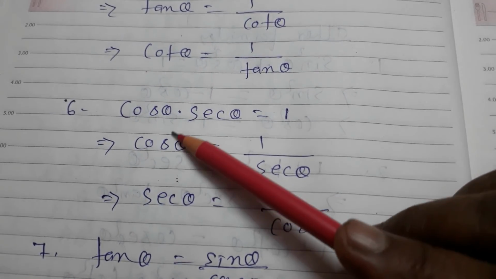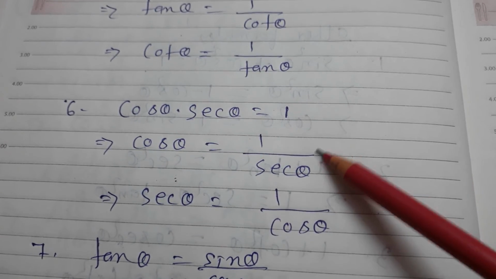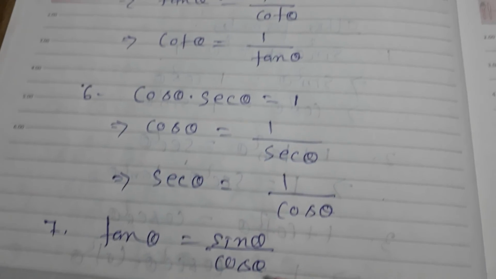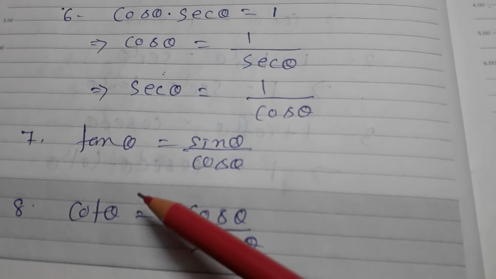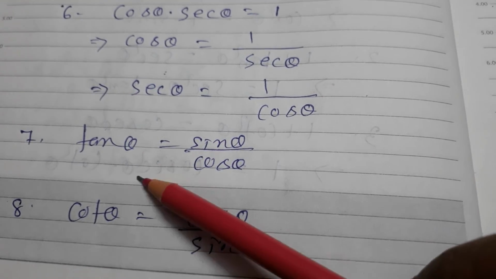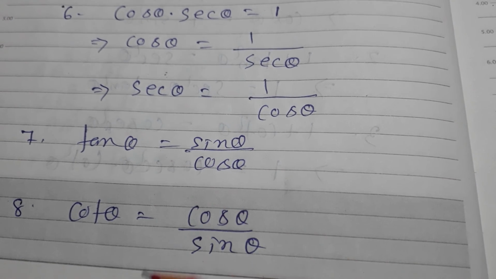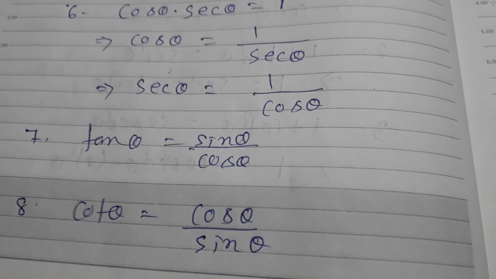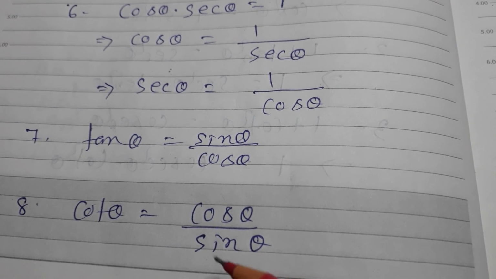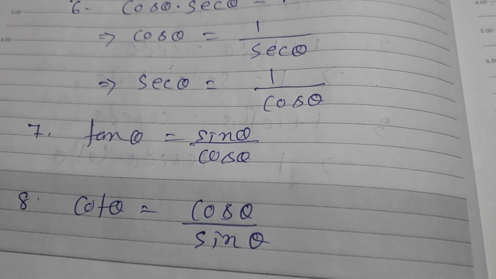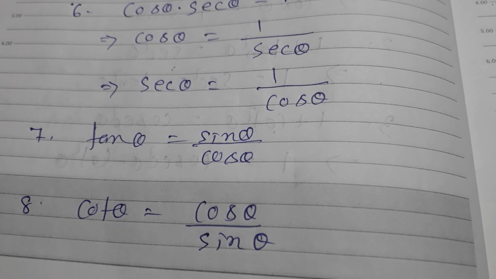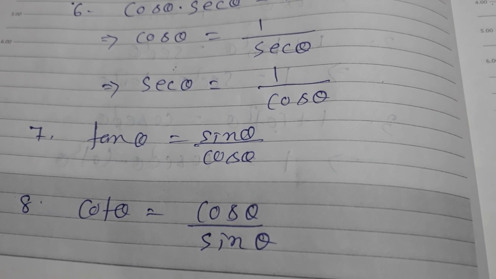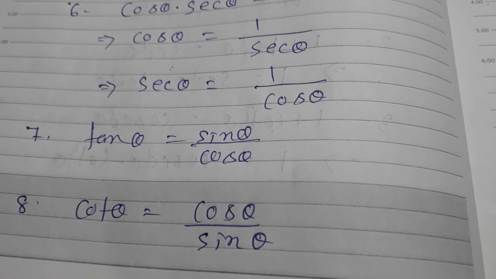Next formula, cos theta into sec theta equals 1. So cos theta equals 1 by sec theta and sec theta equals 1 by cos theta. And next, tan theta equals sin theta by cos theta and cot theta equals cos theta by sin theta. The main 8 formulas I have discussed are important for class 10. So I have discussed all the formulas which are necessary for class 10.